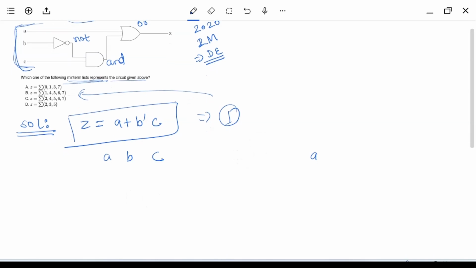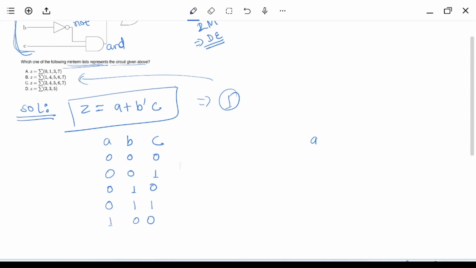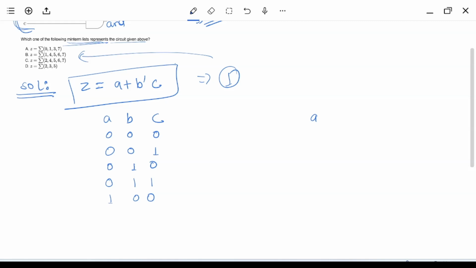A, B, C could be 000, 001, 010, 011, 100, 101, 110, 111. These are 0, 1, 2, 3, 4, 5, 6, 7.